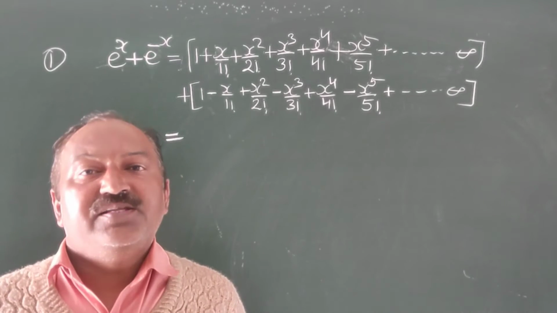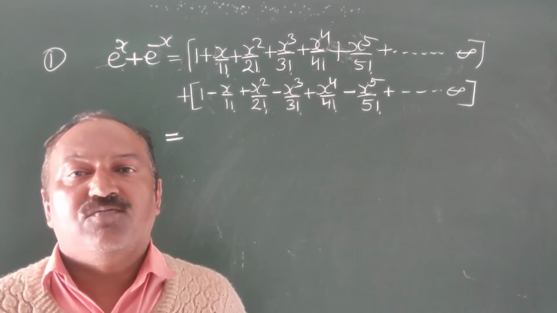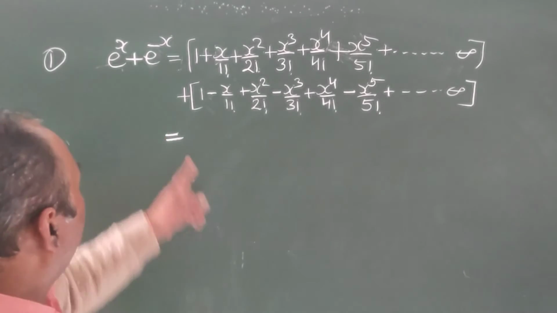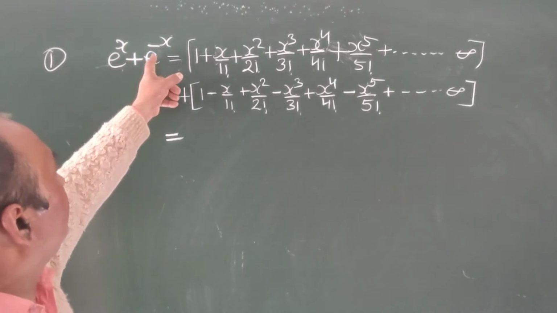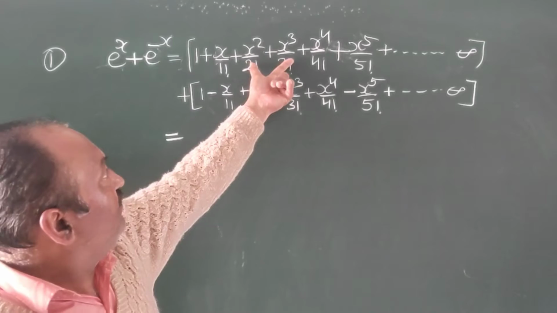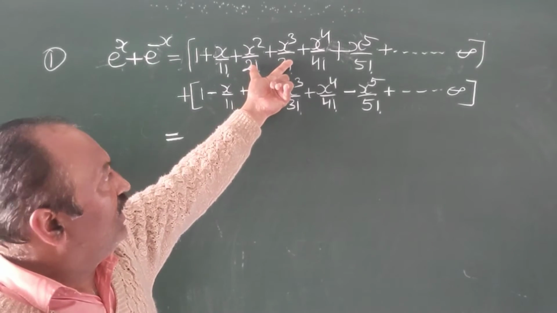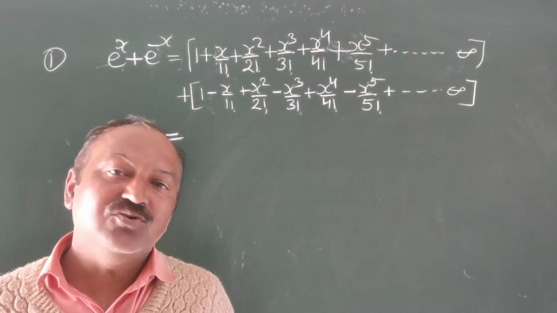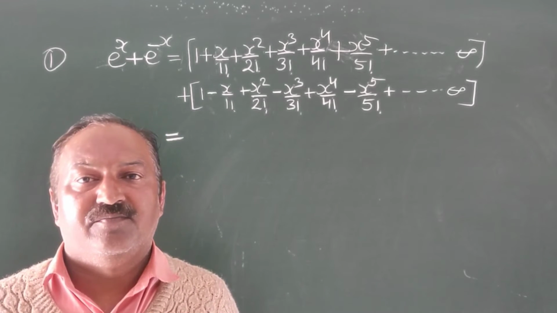Now let us find some important result of the infinite series. Adding the formula e raised to power x plus e raised to power minus x, we get. This is the formula of e raised to power x and this is the formula of e raised to power minus x. Both are infinite series.